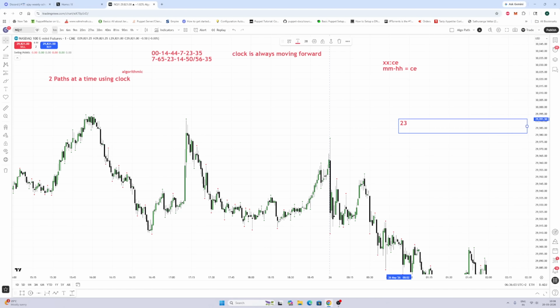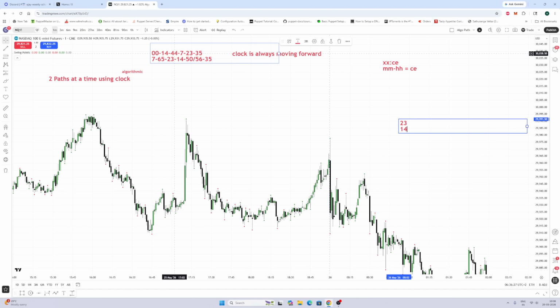Similarly, if I ask you, where does 14 go? Right, so 14 can go to 44, 14 can go to 23. Now here it says like I'm pointing at a backward path, but think from a clock perspective. After the 14th minute you are going to get 23 first, right?